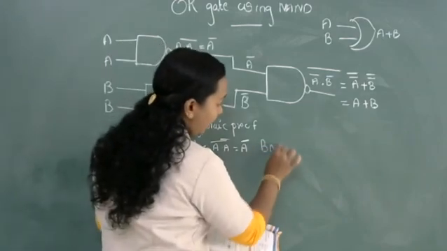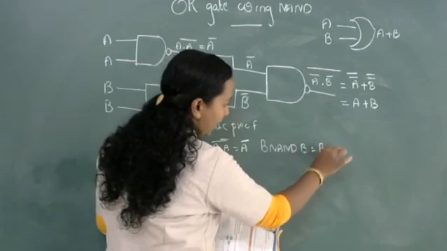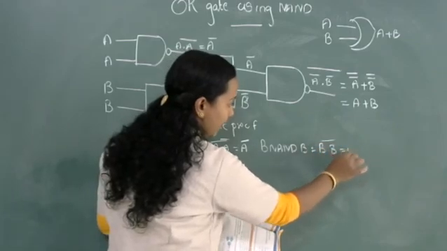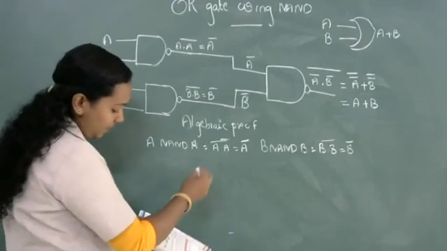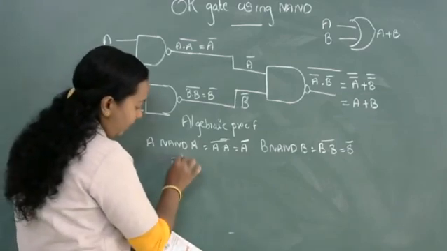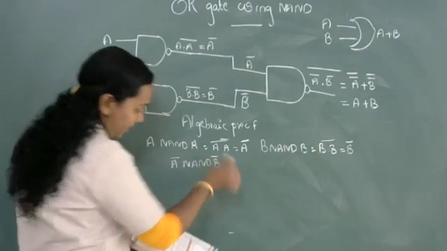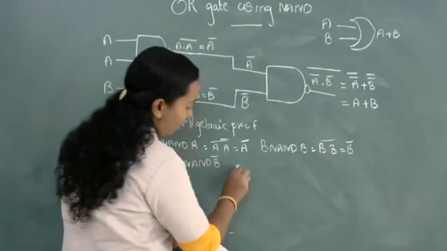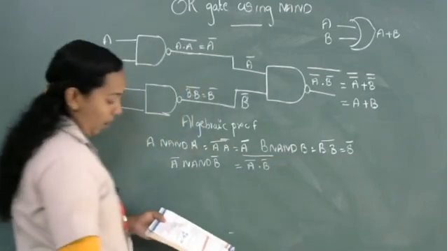Then B NAND B is equal to B dot B all complement, which is equal to B complement. Then A complement NAND B complement is equal to A complement dot B complement all complement.